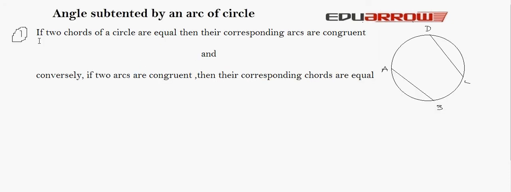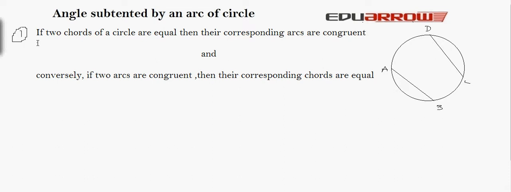In this tutorial, we will learn about circles, in which we will cover the angle subtended by an arc of a circle. Now, if two chords of a circle are equal, then their corresponding arcs are congruent. Here in the figure, chords AB and CD are equal, or we can say if chord AB is equal to chord CD, then the arcs formed by them are equal.